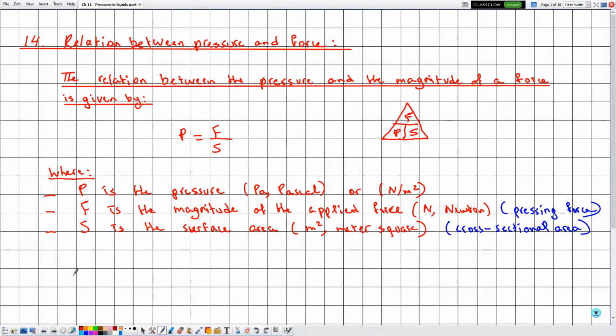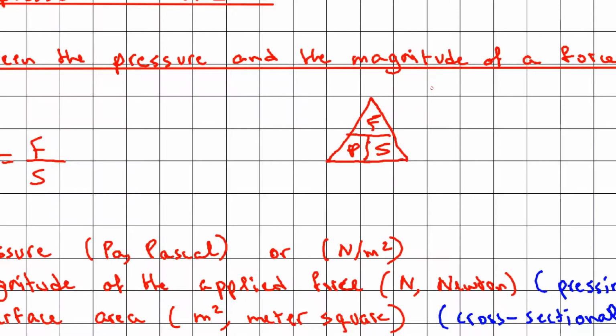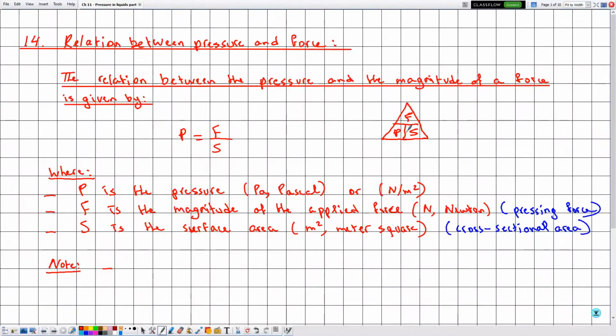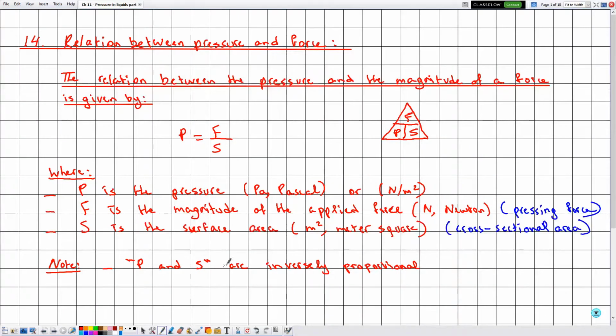Let me also say the following note. Notice that P and S are neighbors living on the same floor, so they hate each other. In other words, P and S are inversely proportional, which means that when P increases, S decreases, and when P decreases, S increases.